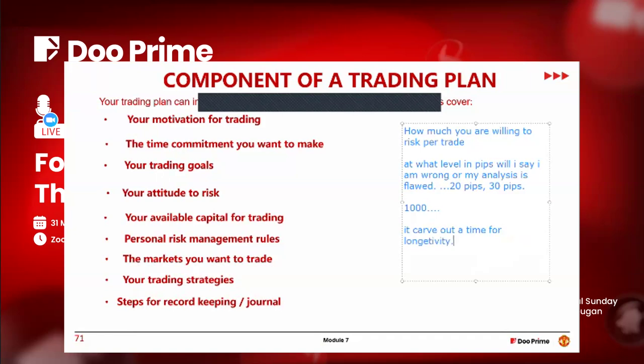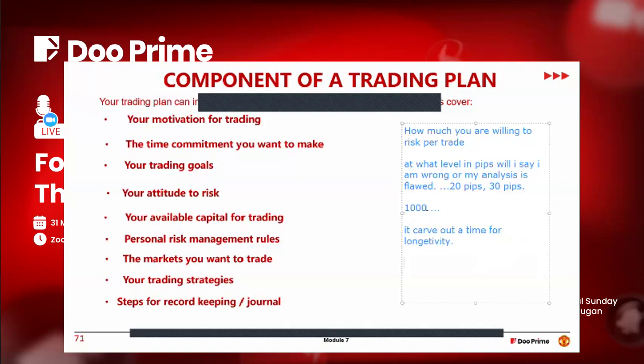Out of the abundance you have decided to sacrifice, you've decided to invest in the Forex market with $1,000. Now, it will not be proper for you to let go of $1,000 just like that.